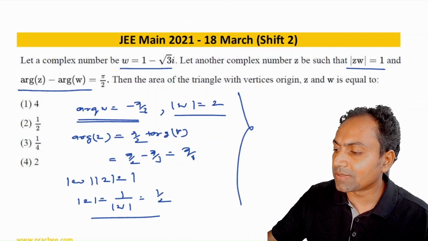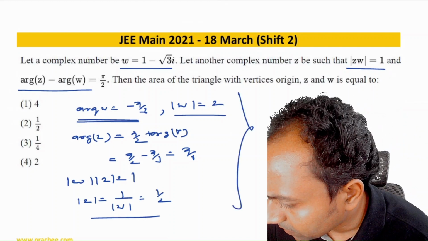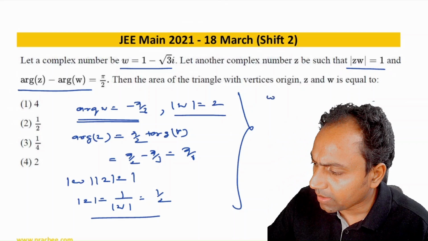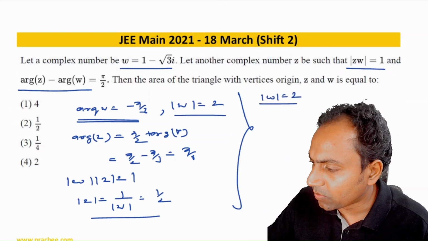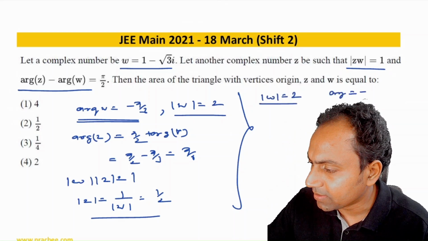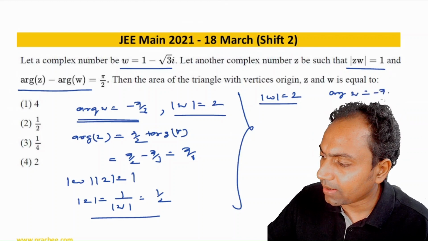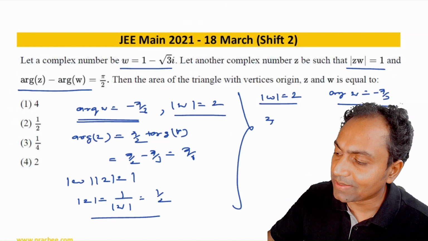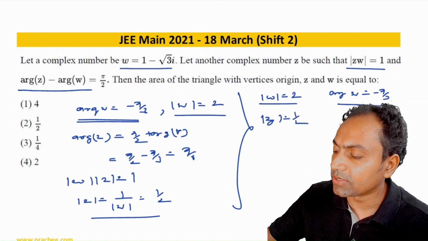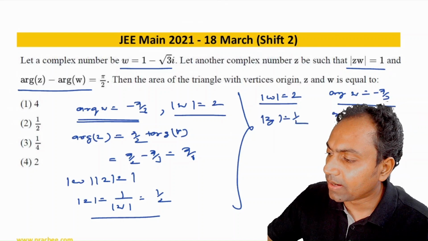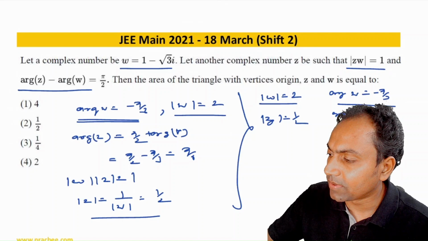So from this, we have two pieces of information. One is that argument of w is equal to minus pi by 3. And another one is, we talk about z, the modulus of z is nothing but 1 by 2 and argument of z is nothing but pi by 6.